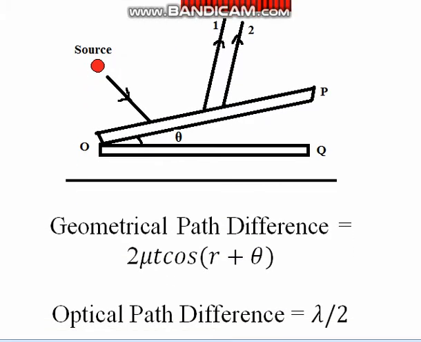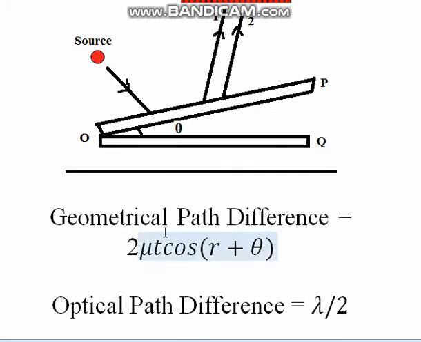Now see here the geometrical path difference. Here ray 1, ray 2. The geometrical path difference between ray 1 and ray 2 is given by 2 mu t cos(r plus theta). Theta is the angle of inclination, r is the angle of refraction, mu is the refractive index of the medium of the film, and t is the thickness at the particular point at which you are going to observe the path difference.